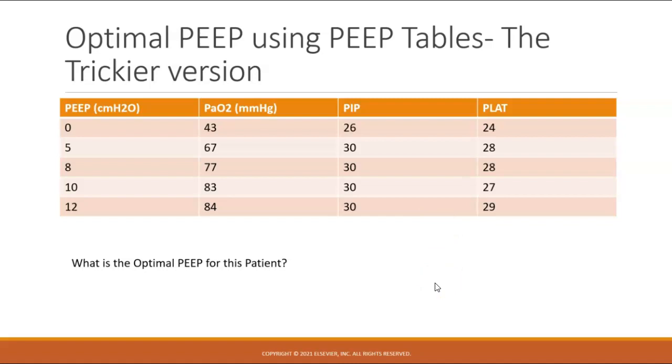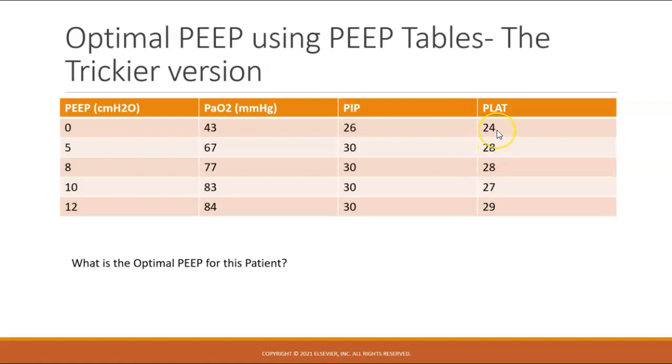So I'm looking through this information for the situation that's going to give me the best plat with the best oxygenation. My oxygenation continuously improves here, so which one is going to be my best driving pressure, my lowest driving pressure.